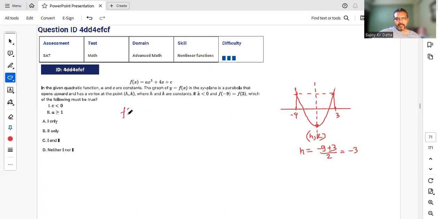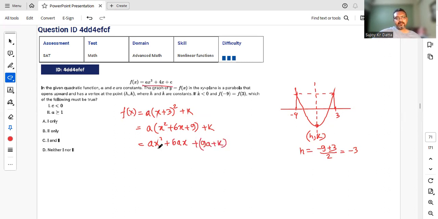So that means we can write f(x) to be a times x minus minus 3. So that's x plus 3 whole square plus k. Okay. So if I were to expand this, that would give me ax squared plus 6ax plus 9a plus k.